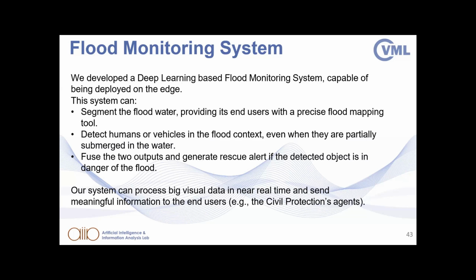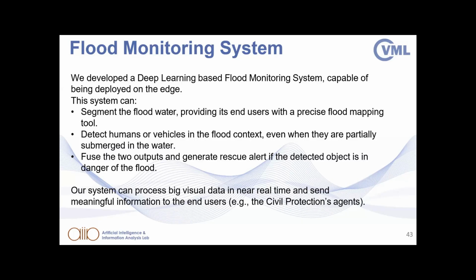And the system is capable of three main tasks. The first one is flood segmentation, which maps the extent of flood waters with precision, offering clear visuals of flooded regions. The second task is object detection, where it detects humans and vehicles in flood scenarios.